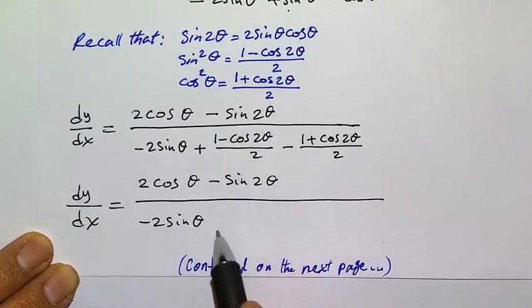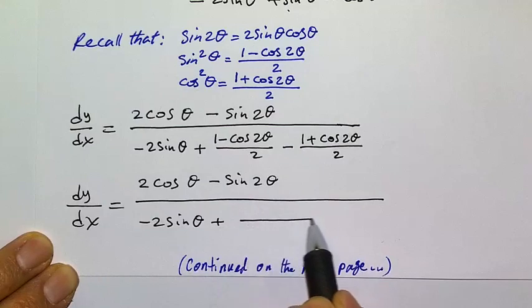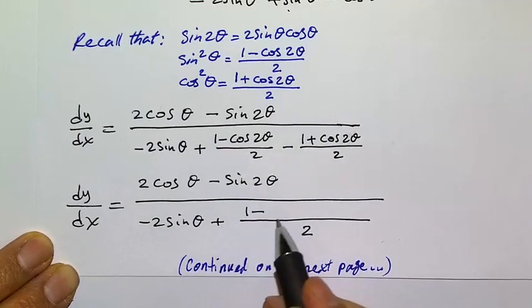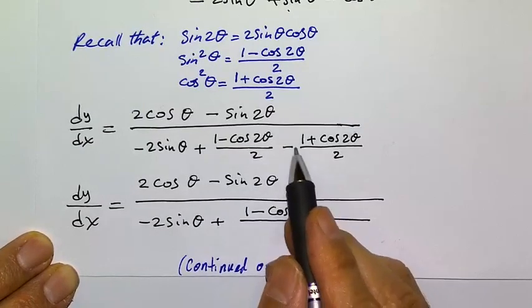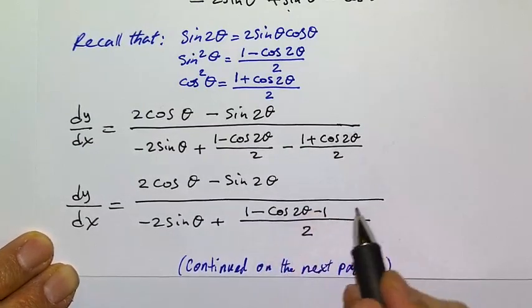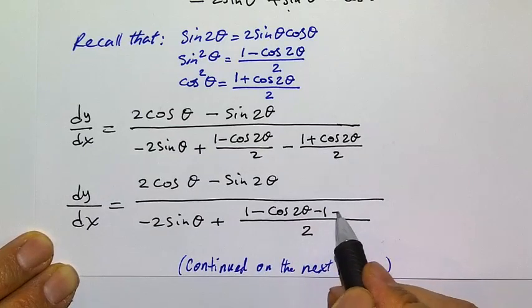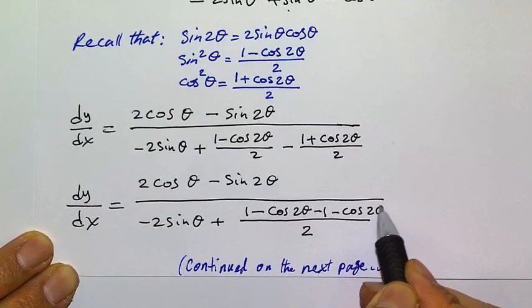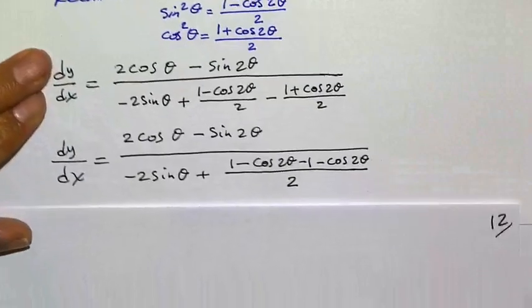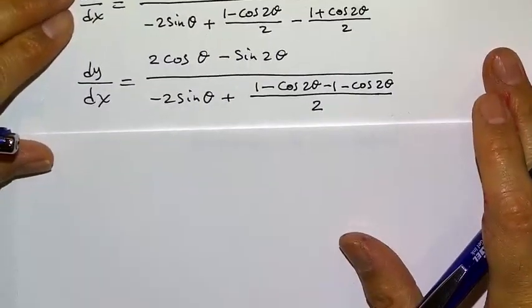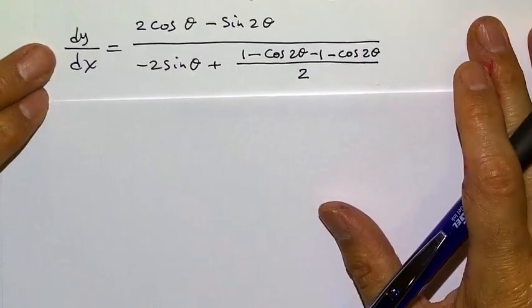Let's take the common denominator here, so we have 1 minus cosine 2 theta minus 1 minus cosine 2 theta, like that. Okay, then on the next page, let's simplify this a little more.